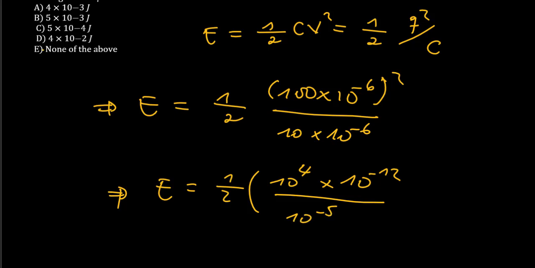When negative 5 goes up, it sums up to this 4, which becomes 9, and 9 minus 12 will give us 10 to the negative 3, and a half is 0.5, so our result will be 0.5 times 10 to the negative 3, which when simplifying gives 5 times 10 to the negative 4 joules. So the correct option is C.